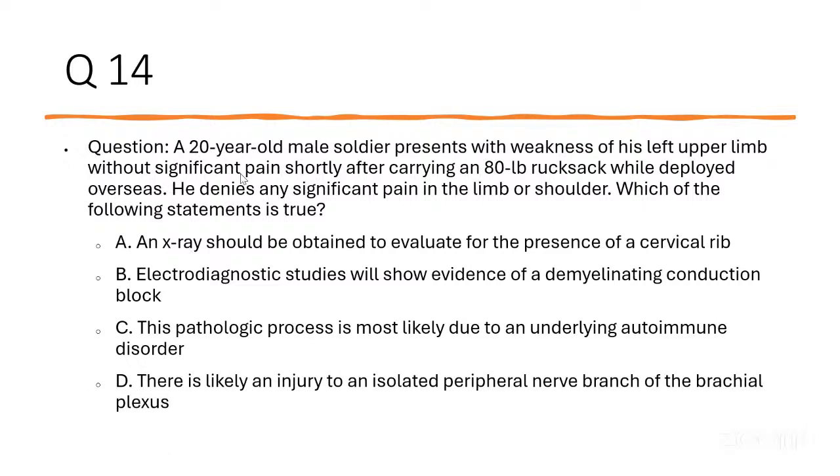What could be the cause for this? This is a common occurrence, though we have brought in a soldier here, but we can keep seeing this. What's the possible cause? D. No. See, this is a conduction block because of demyelination.